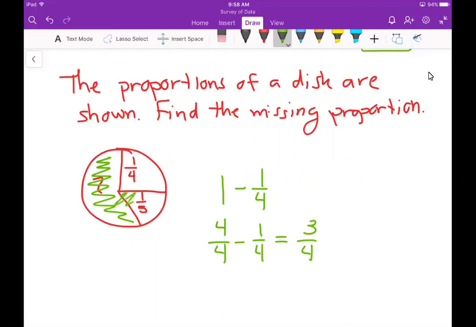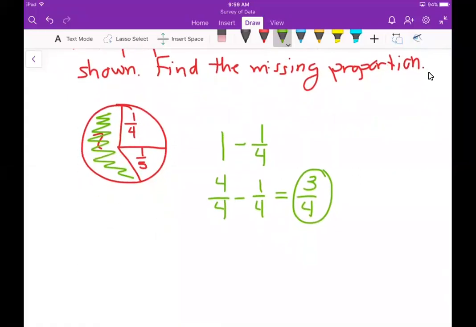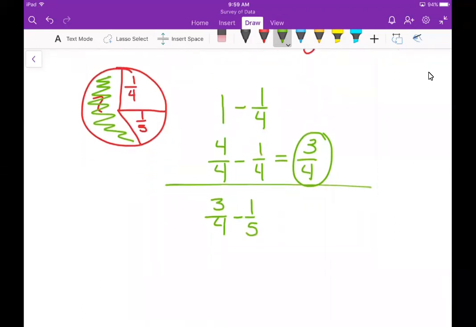So that would be all of this. But that's not what we want, right? We don't want all of that area. We want to take out that 1/5 as well. So now we're left with 3/4, and we need to take 1/5 away from that as well. So 3/4 minus that last 1/5, and we need to complete this next problem to get the final answer.